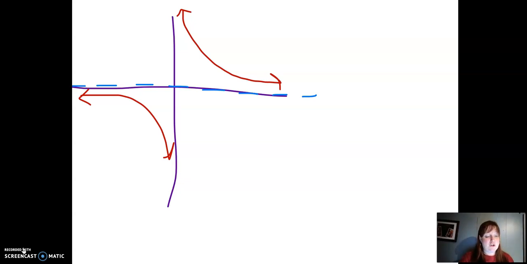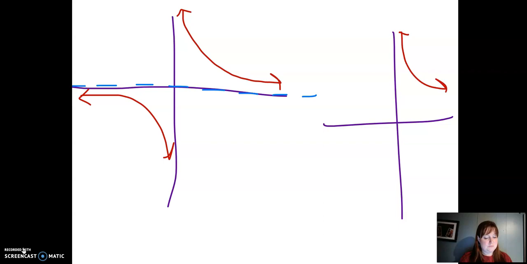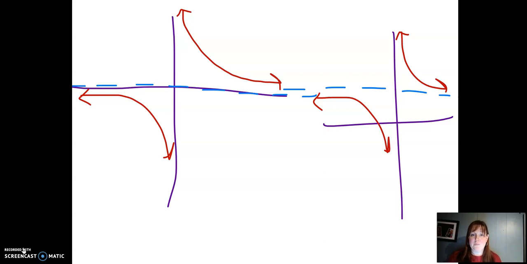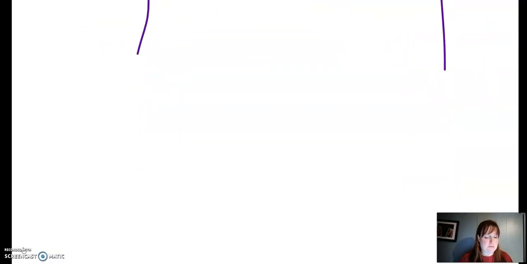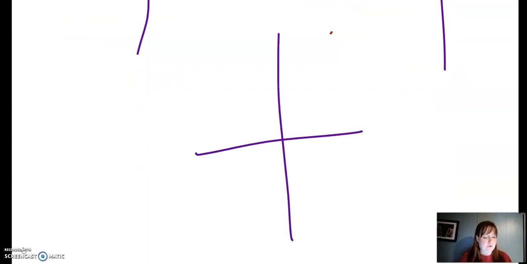Now sometimes they're not going to be at 0. For example, you might have a function that goes like this, and it seems to approach this invisible line up here, right? And then sometimes, and we're not going to work with these in Algebra 2, but you'll see them in pre-calc, we have ones that approach an invisible line like this.